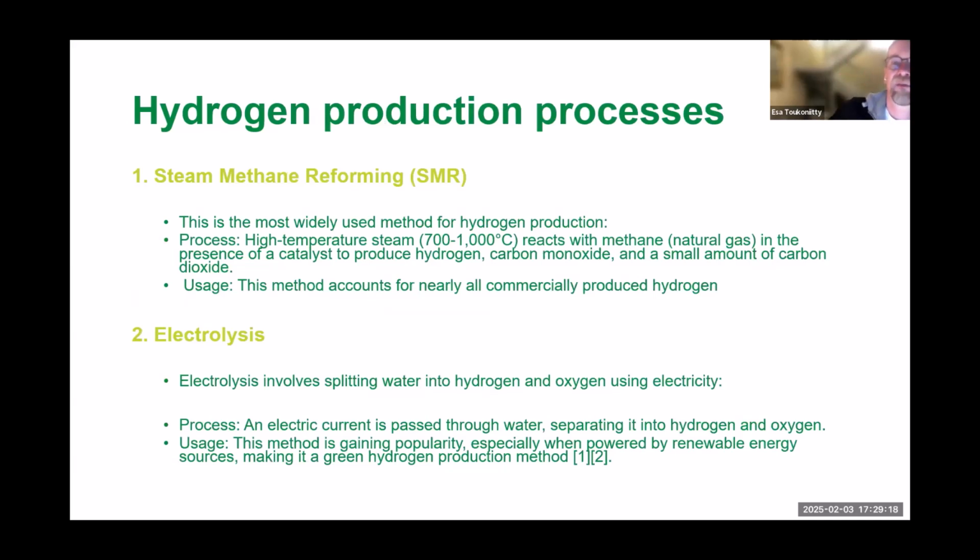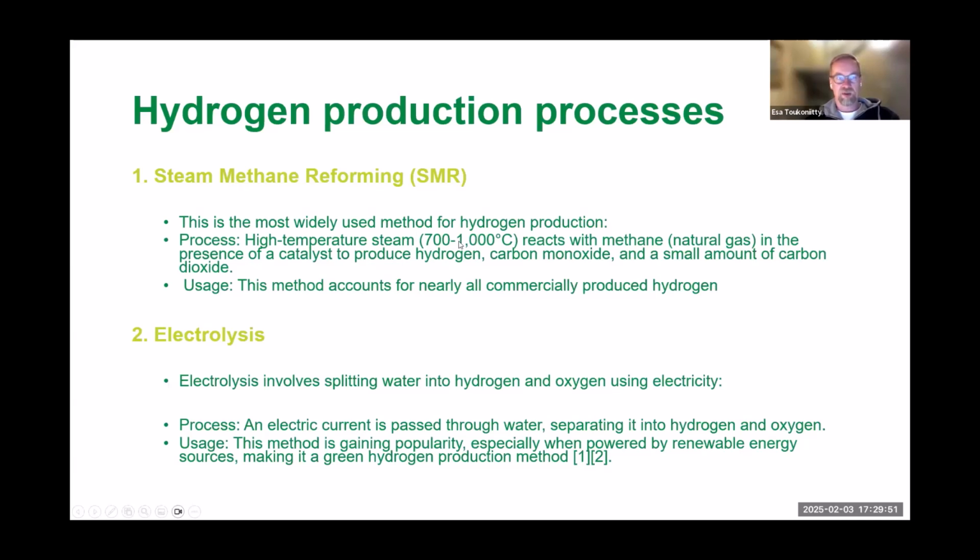So I have listed here 6 different hydrogen production processes, and this so-called steam methane reforming is probably, as it says here, the most widely used method for producing hydrogen. It's a very classical chemical industry process.